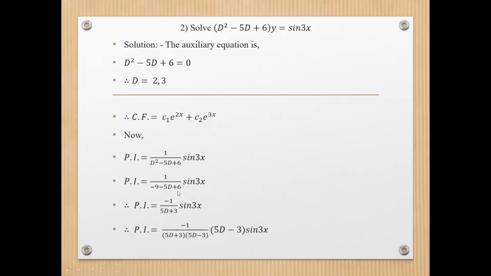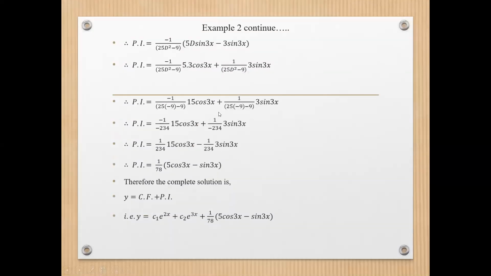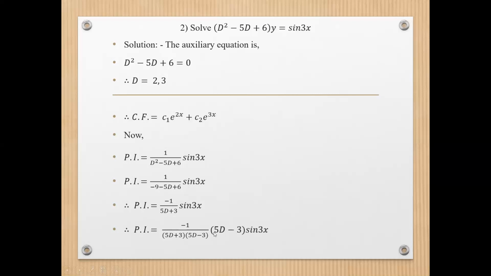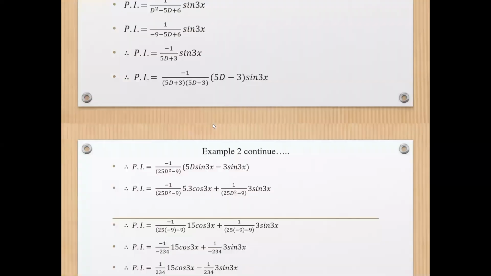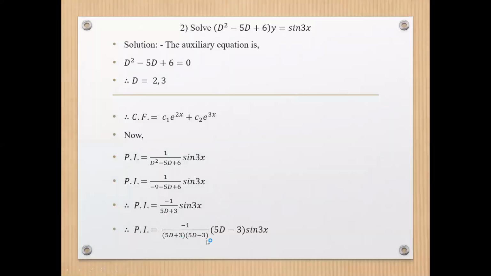Now see here, in the numerator, minus of 5D minus 3 sin 3x, and in the denominator, 5D plus 3 times 5D minus 3. As you know, one simple formula we learned in, I think, 6th or 7th class.